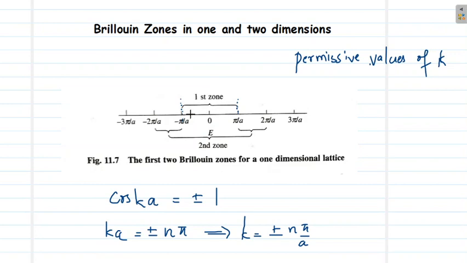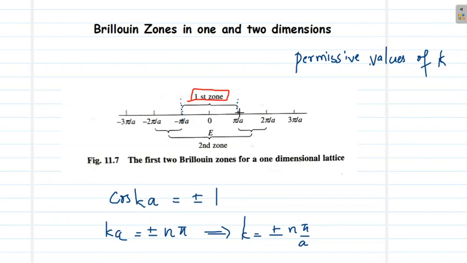The region between minus pi by a and plus pi by a, and those permitted K values, constitute the first Brillouin zone. At minus pi by a and plus pi by a a discontinuity in K is observed, and these discontinuity values of K are the boundaries of the first Brillouin zone.